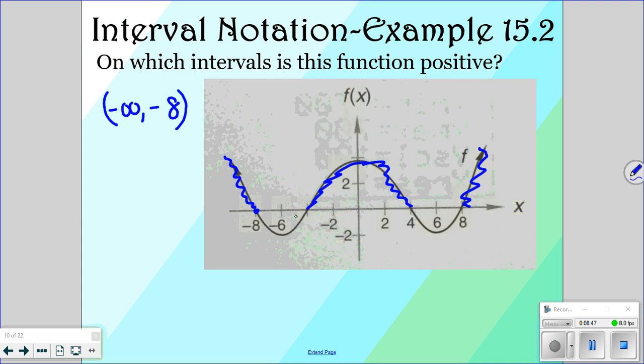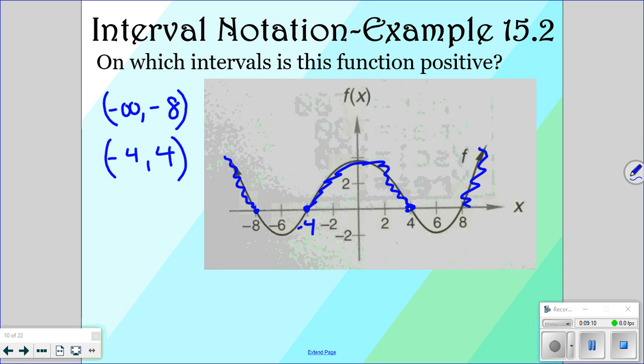So now these are going by 2, so this is negative 4, and then we go to 4. So our numbers are negative 4 and 4. Are we going to do brackets or parentheses? Hopefully you're saying parentheses. Why? At negative 4 and at 4, it's 0.